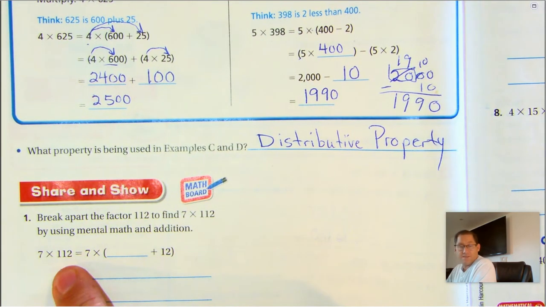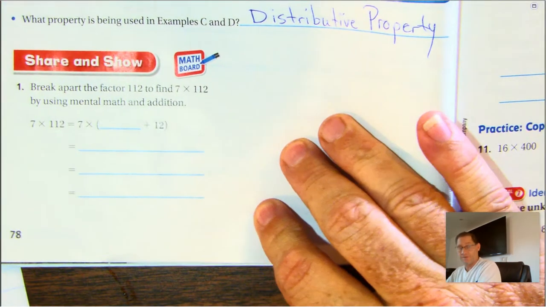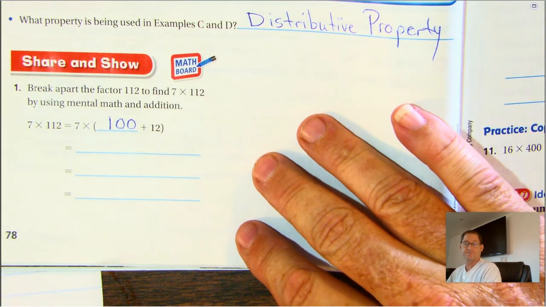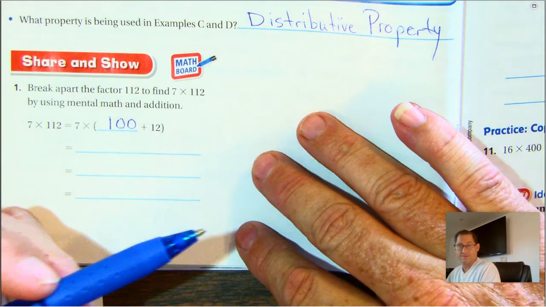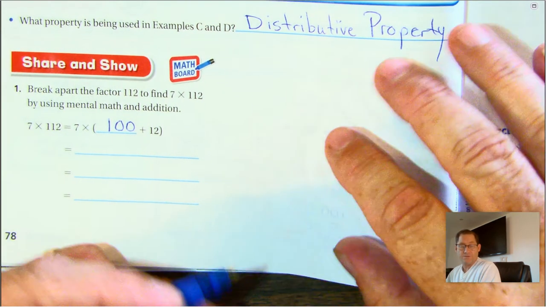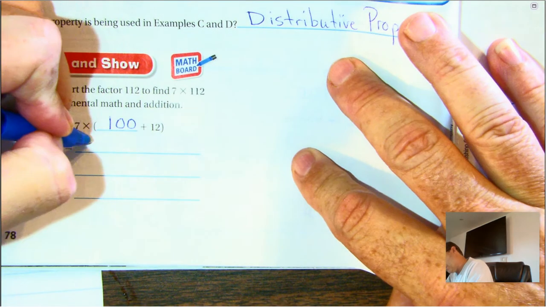So 12 plus what is 112? That's fairly easy, right? 100. 100 plus 12 is the same as 112.